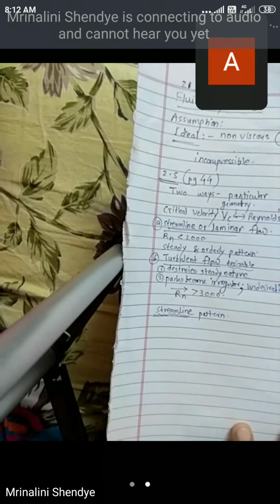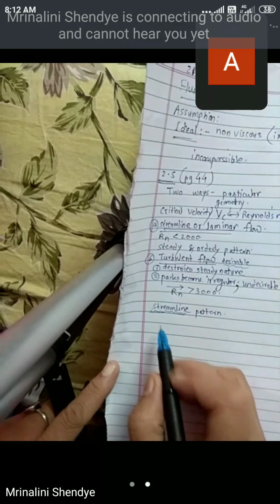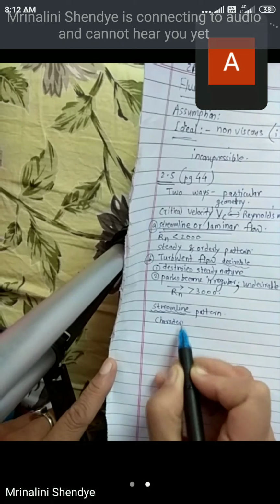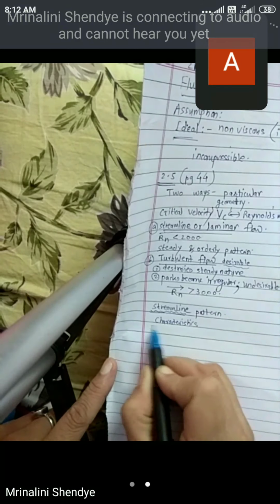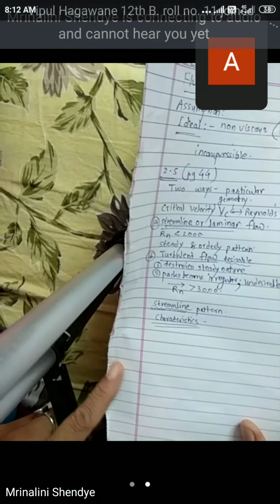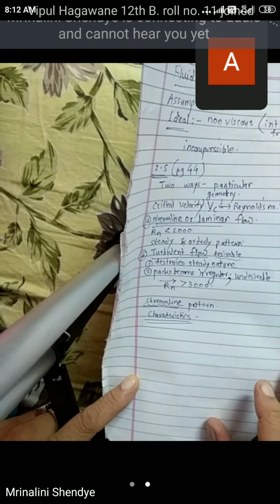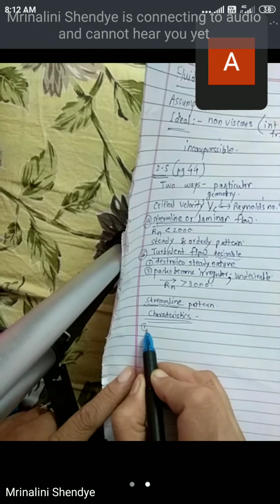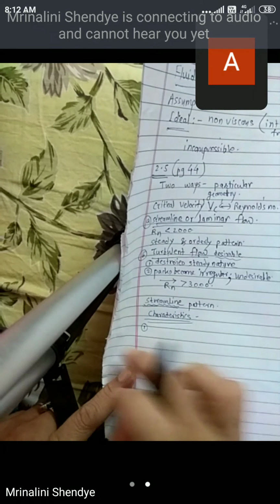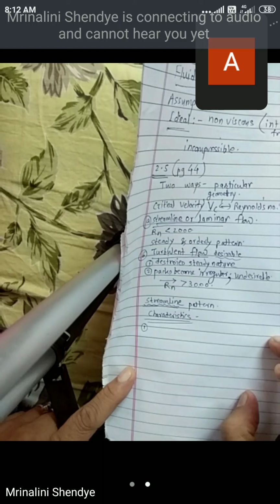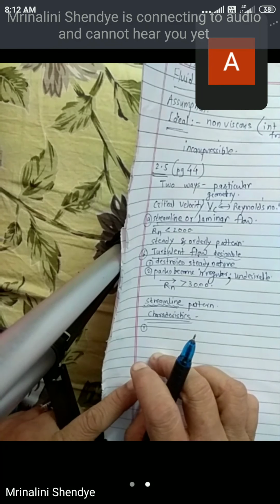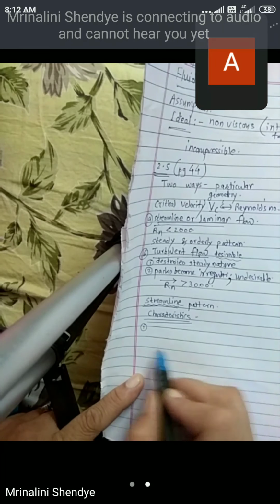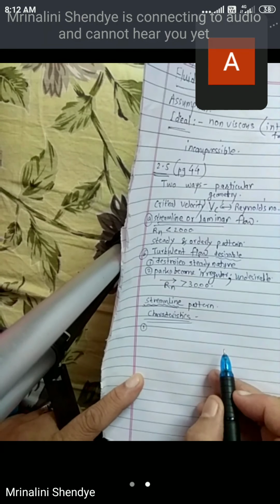So first discuss the characteristics of this streamlined flow. What is that streamline? The very first characteristic: the entire fluid, the whole mass of the fluid moving, we can imagine to be divided into a large number of thin layers parallel to each other.